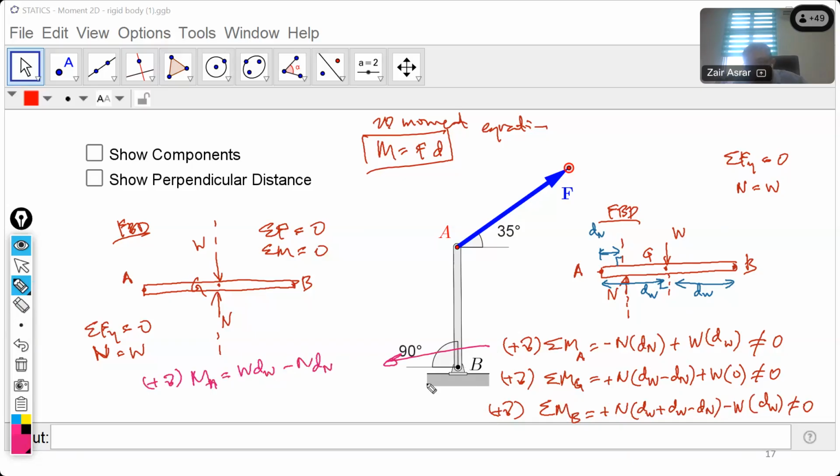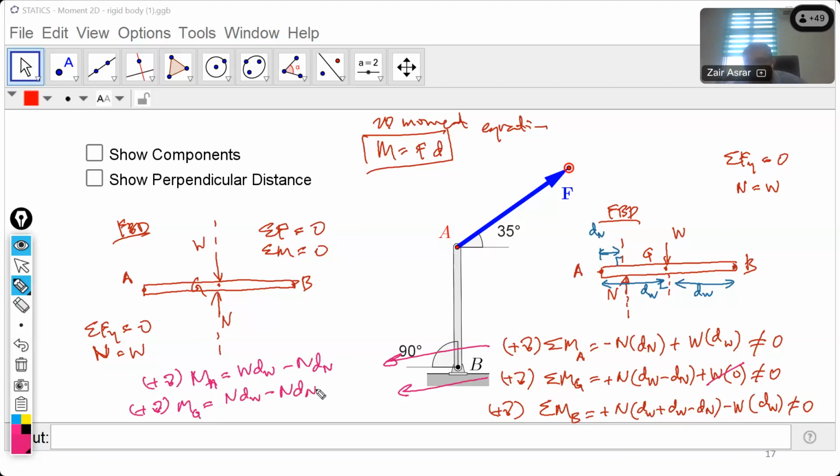For the second one, moment at G, this part is 0. No need to consider that. So here we have n dw minus n dn.